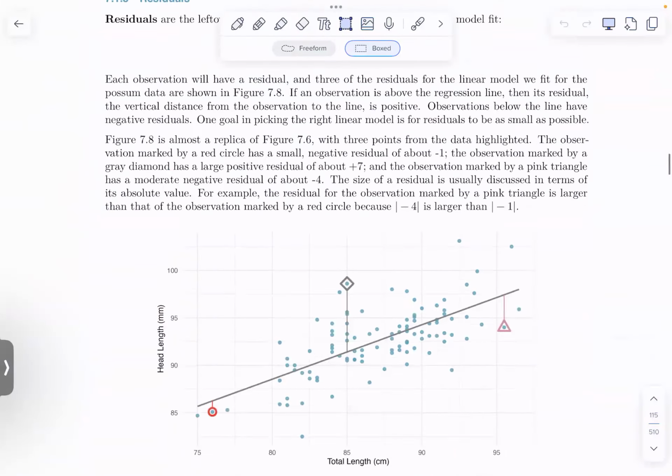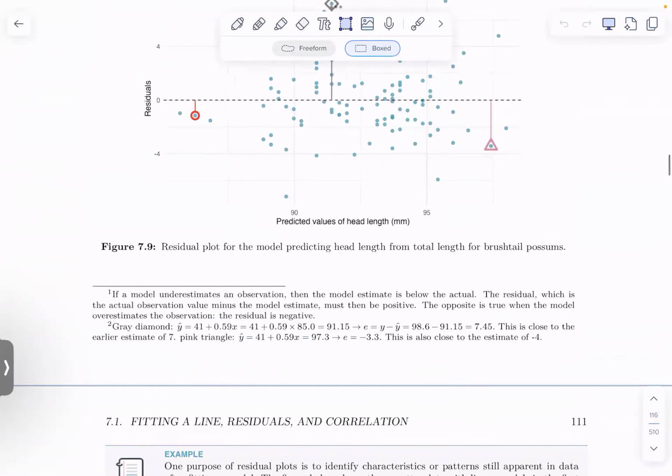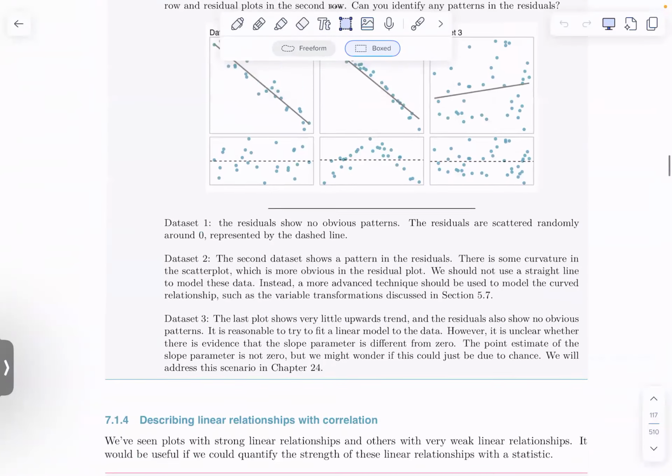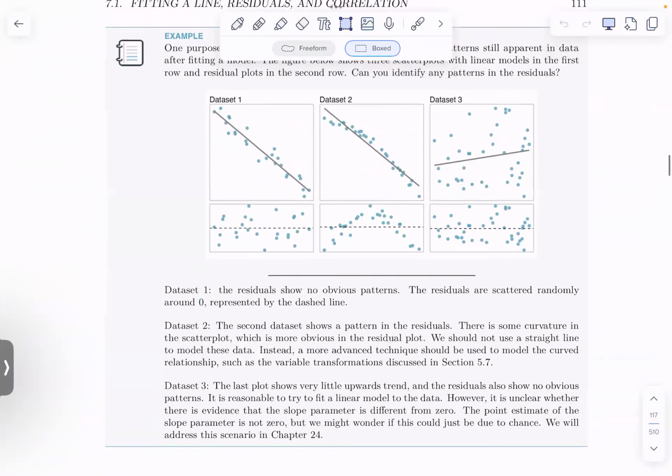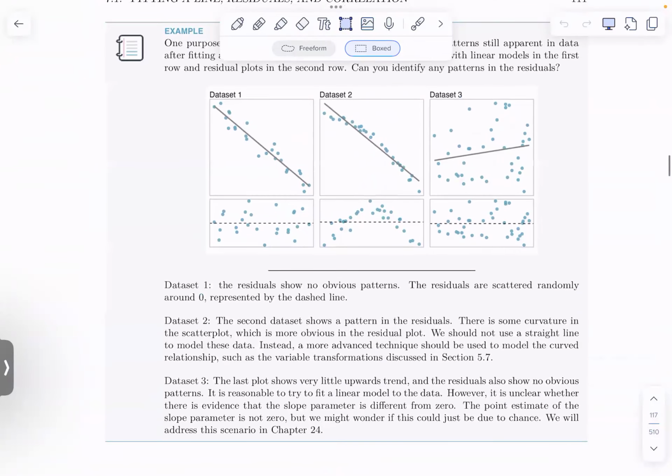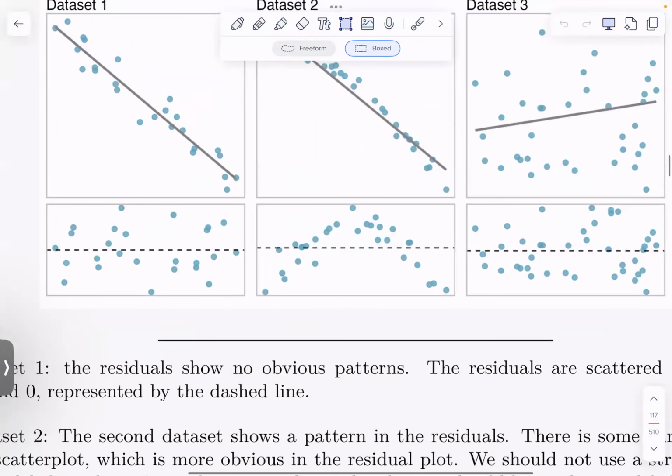She does talk a lot more about residuals. Another way that we can compare models is by what we call a residual plot. You have the original plot here, and then you have your residuals against the predicted values down below. We'll see if we get into residual plots. I'm going to parking lot them for now, but they are an additional thing. If you're building a lot of models, then you'll read about residual plots and how to use them.